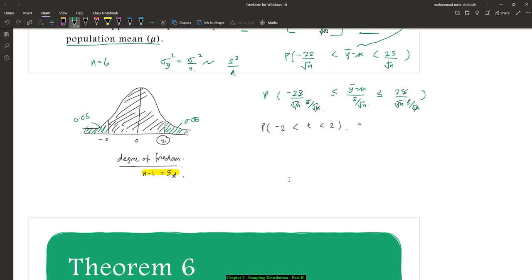So the probability of this area should be 0.90, right? Because this is 0.05 and this is 0.05, so 0.05 plus 0.05 is equal to 0.10. The complement of 0.10 is 0.90. Okay?